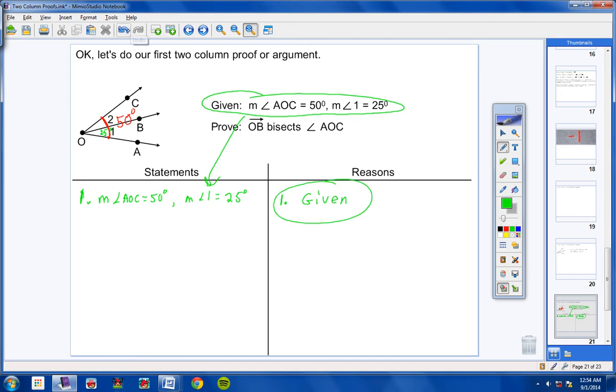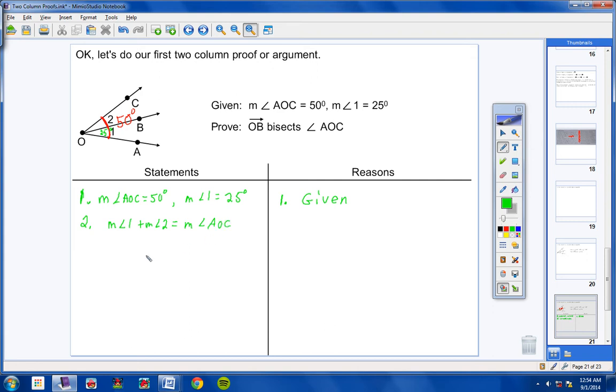Now, I'm trying to think of something I can do, but everything I write over here, I have to have a reason over here. So let's go ahead and write the measure of angle 1 plus the measure of angle 2 equals the measure of angle AOC.